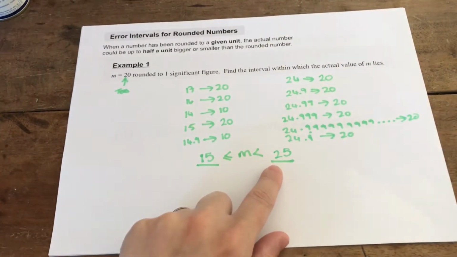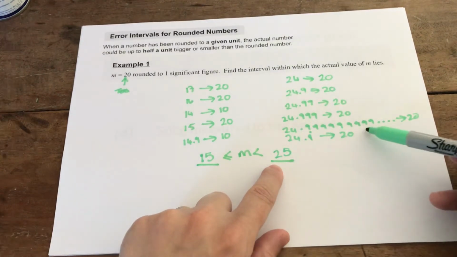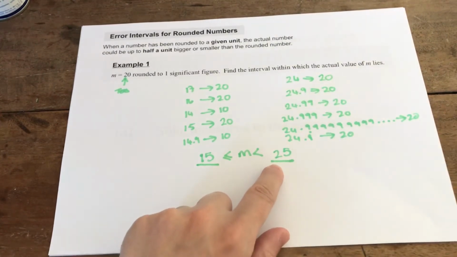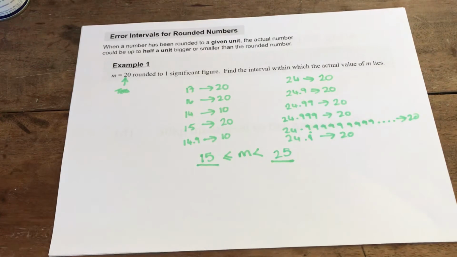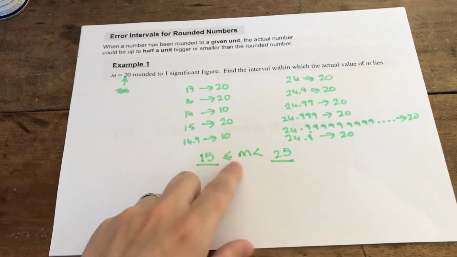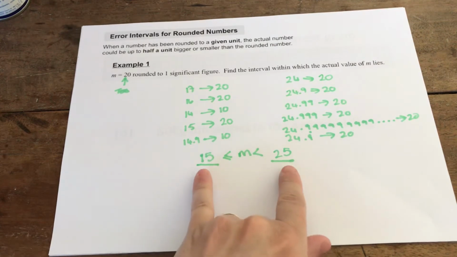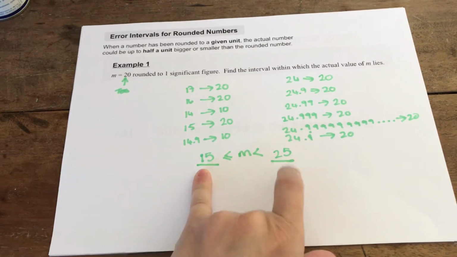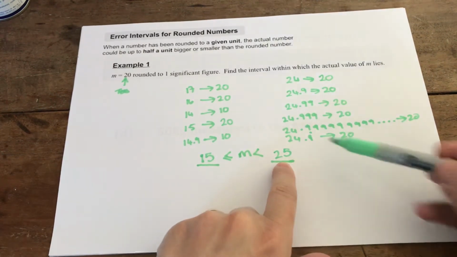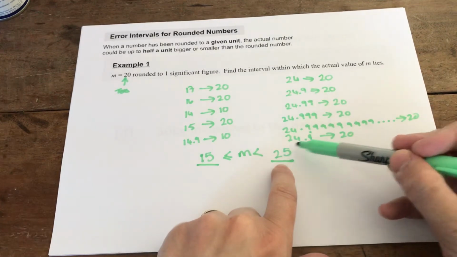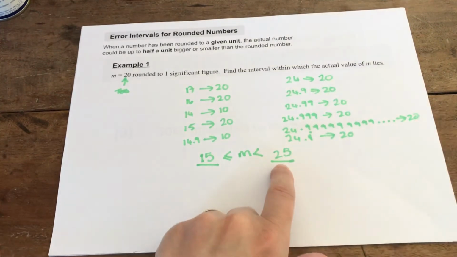It's 24.9999 that goes on forever. So when we're writing our error interval, we use our inequalities that look like this, and we write down the smallest number it can be and the biggest number it can be, but we bear in mind that the biggest number it can be is going to be less than that whole number.